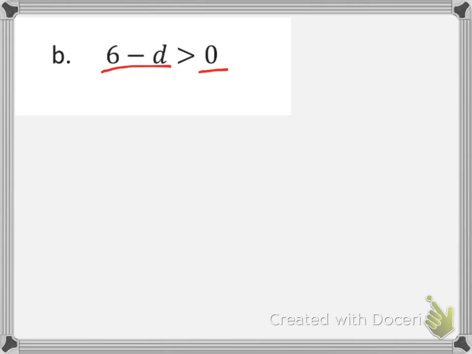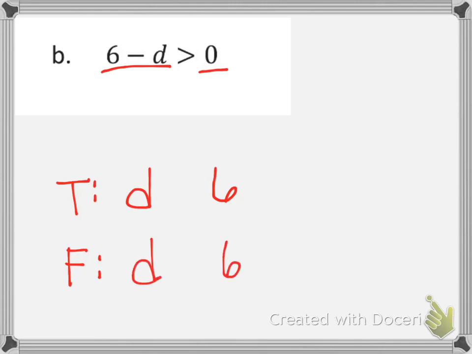So when I write my inequality statements, this statement is true when d is something, and I'm not sure exactly what my signs are going to be yet, but I do know that my balance point is 6. So it's true when d is something to 6, and it's false when d is something else to 6.